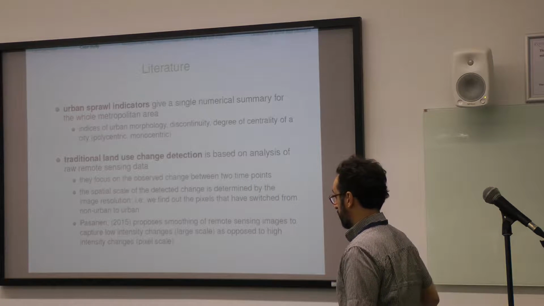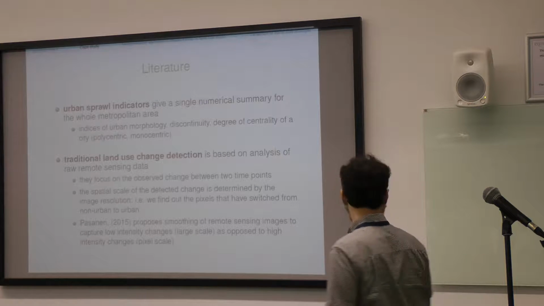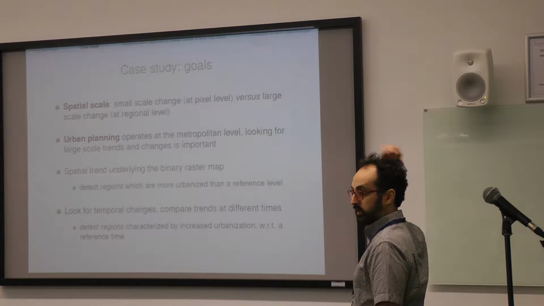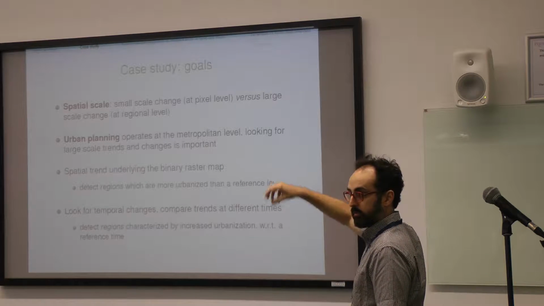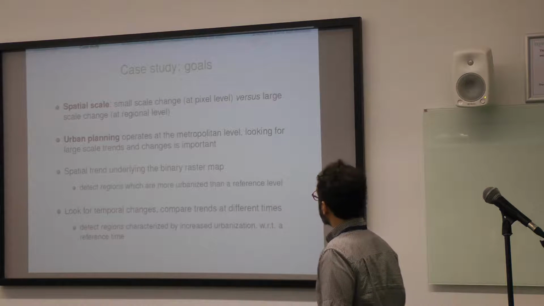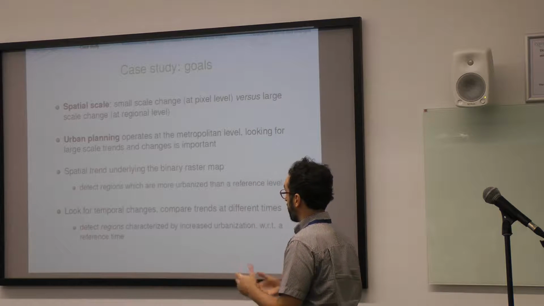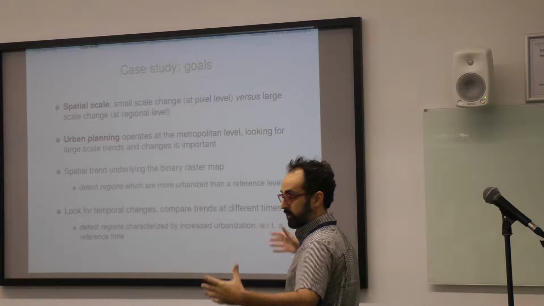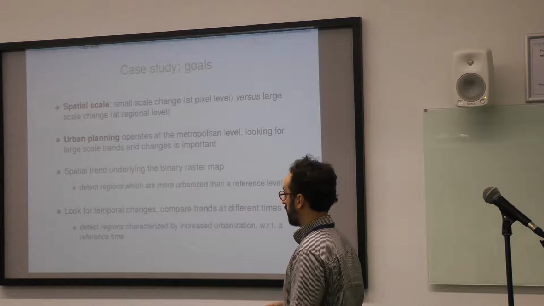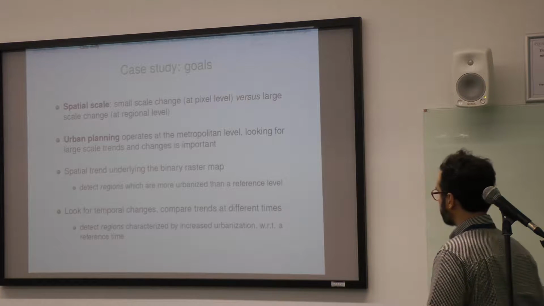And I think this is interesting, and perhaps more useful for urban planning purposes. The importance of the spatial scale of the change: detecting small scale change, say at the pixel level, which pixels are increased in urbanization, versus detecting large scale changes. And perhaps urban planning, since it operates at a metropolitan scale, is more interested in large scale trends and changes rather than small scale.